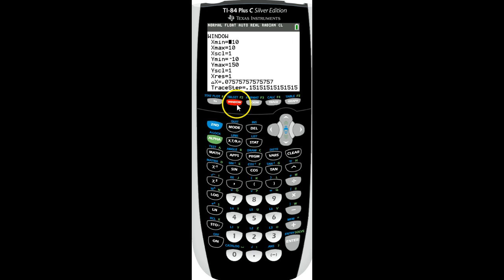If that bothers you, and only if it bothers you, you can go down to your y scale, and maybe instead of counting by ones, I count by tens. It will not change the shape of my graph, but it will change that now on my y-axis, we are counting by 10, 20, 30, 40, 50, and so on. It's just a matter of preference, whether you want to or not.